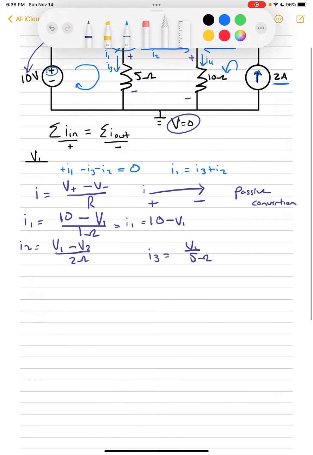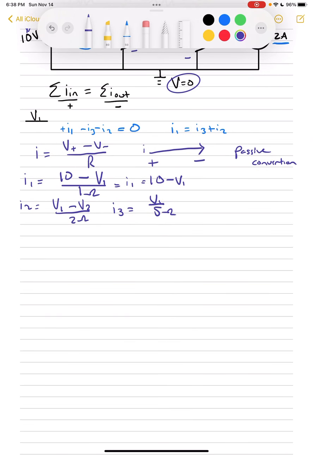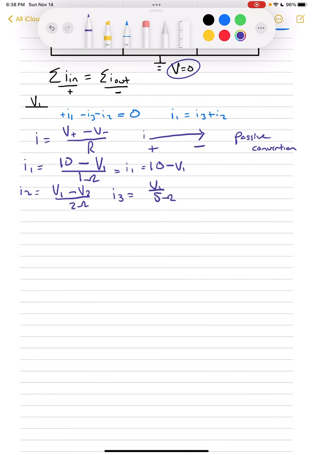Okay, so now that we have I1, I2, and I3, we can plug this into that first equation that we had there in blue and get an equation for V2 in terms of V1. So let's just go ahead and do that.